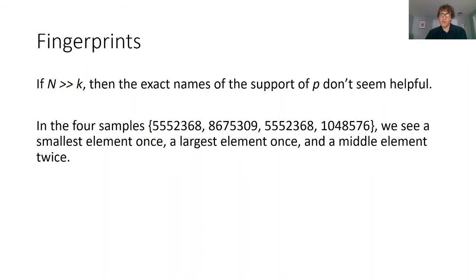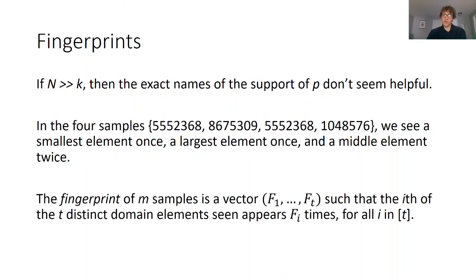So there could be many elements in the support between 5552368 and 8675309. Maybe there are none. These names don't really help us a whole lot, and all we can really get out of this is that we saw 2 elements once, and something between them we saw twice.